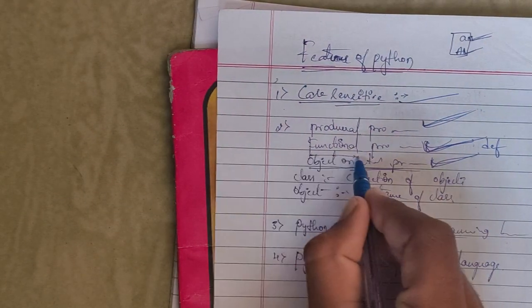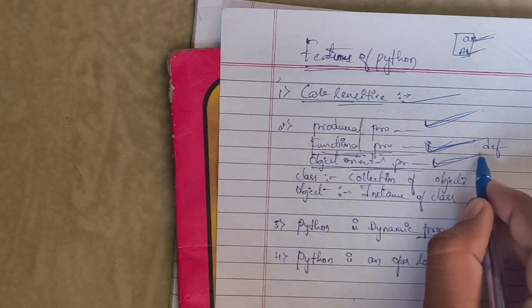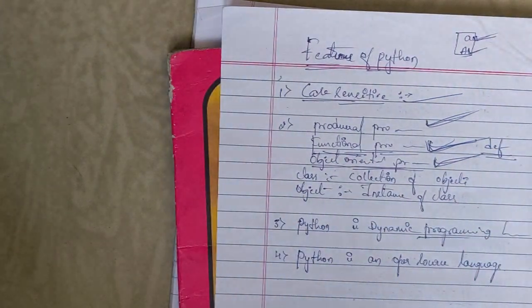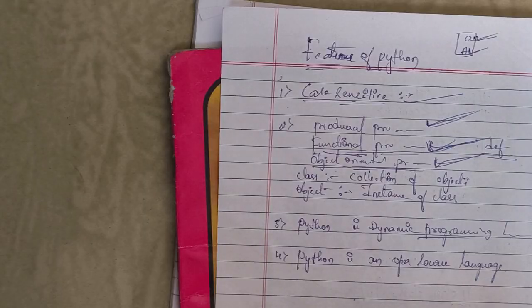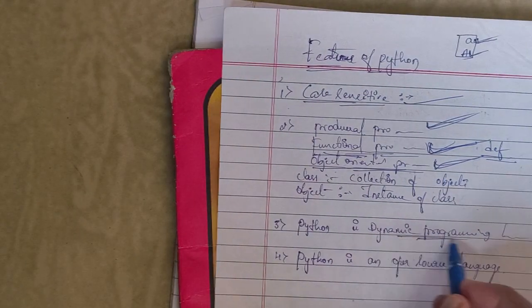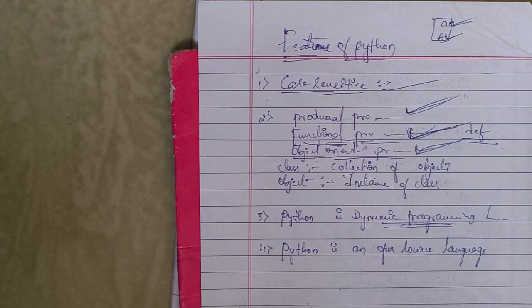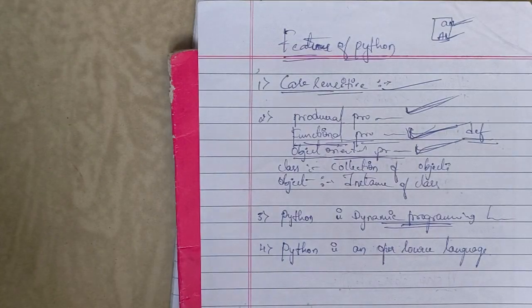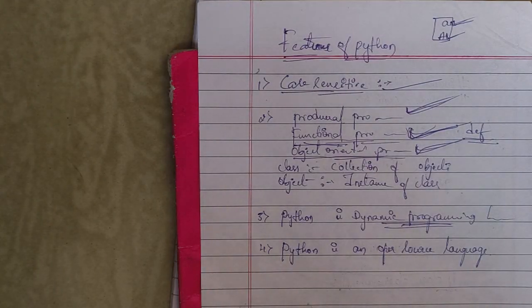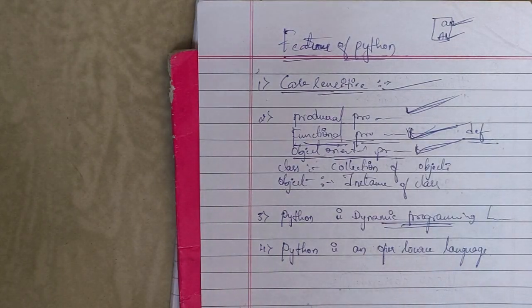One more thing: a function is defined with the def keyword. This is the main thing. Next point: Python is a dynamic language. And Python is an open source language. These are the features of Python.